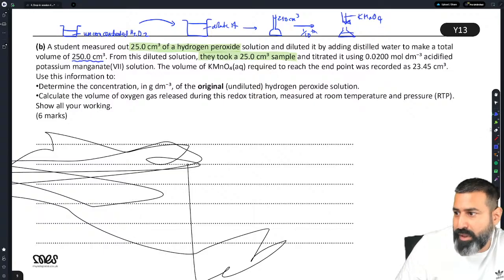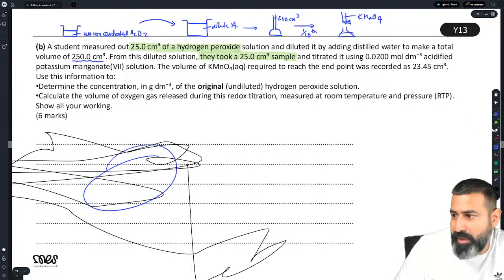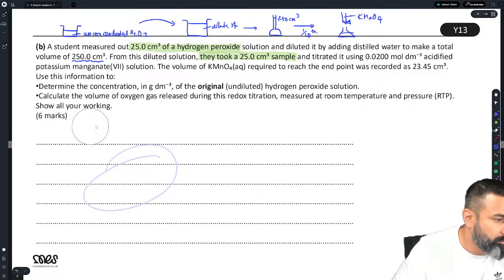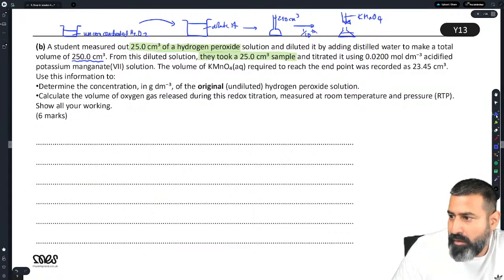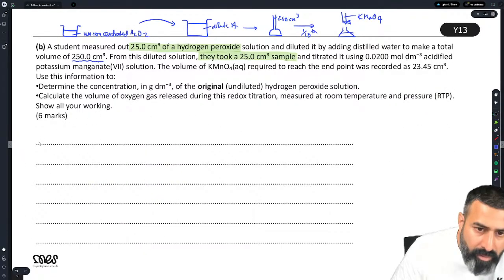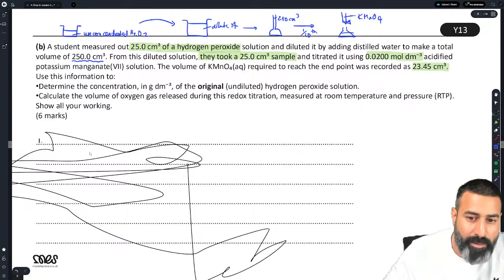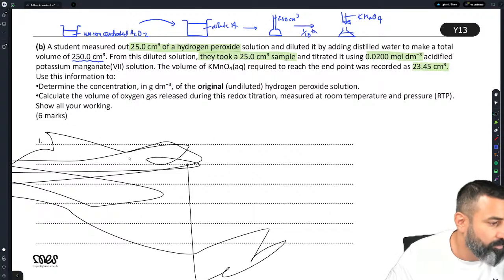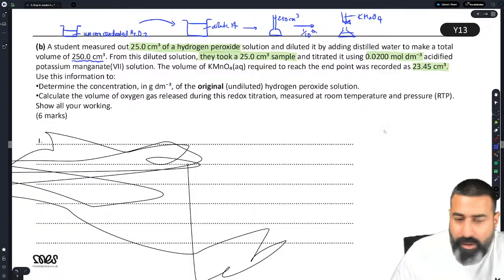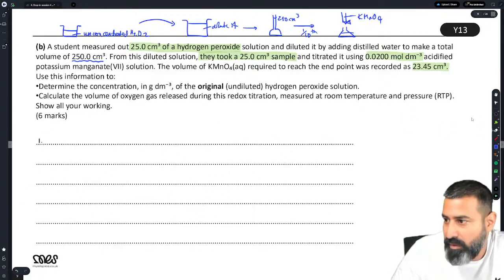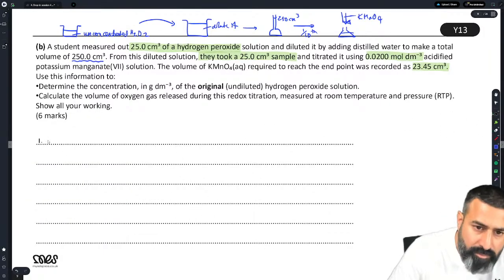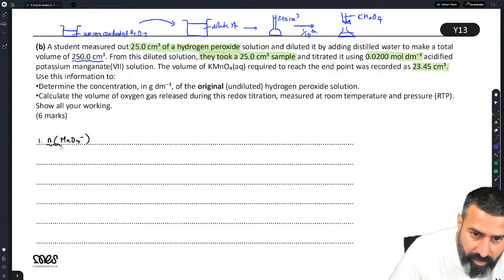Okay, so I'm sure we know some information. So what information do we know? So what do I know about the KMnO4? I know the volume and the concentration. So the first thing I'm going to do is work out the number of moles of what? Absolutely. Conc and volume to work out the moles. So the number of moles of MnO4 minus, let's go.